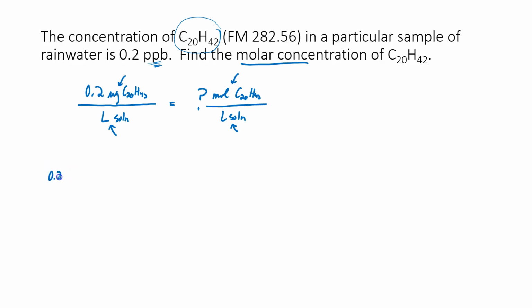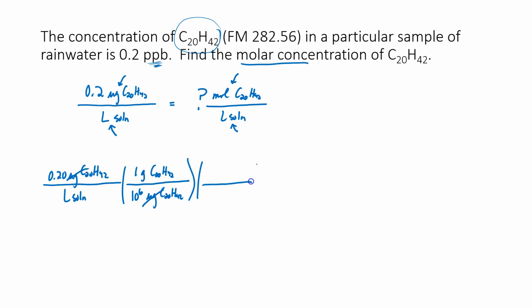We've got 0.2 micrograms of the alkane for every liter of solution. And I need to convert this mass into moles. So first I'm going to get rid of micrograms, and maybe I'll convert that into grams. 1 gram of the alkane contains 10 to the 6 micrograms of that alkane.